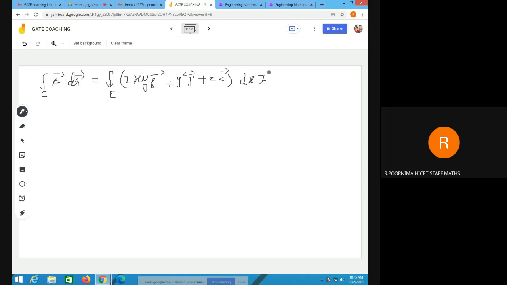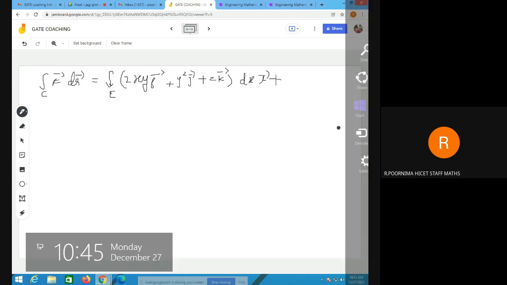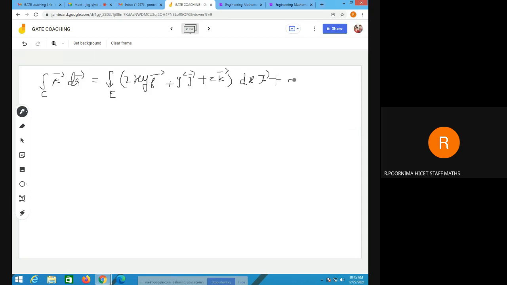So you know how to multiply the vectors: i dot i, j dot j, k dot k, the dot product. The same procedure we are going to apply here also. The dr vector can be replaced. Now we need to apply the dot product, that is i dot i, j dot j, k dot k.